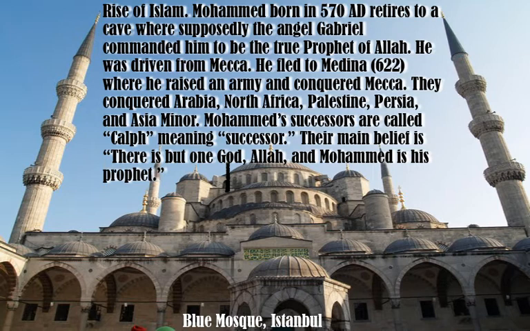They went on also to conquer Arabia, North Africa, Palestine, Persia, and Asia Minor. Muhammad's successors are called caliphs, meaning successors. Their main belief is there is but one God, Allah, and Muhammad is his prophet.